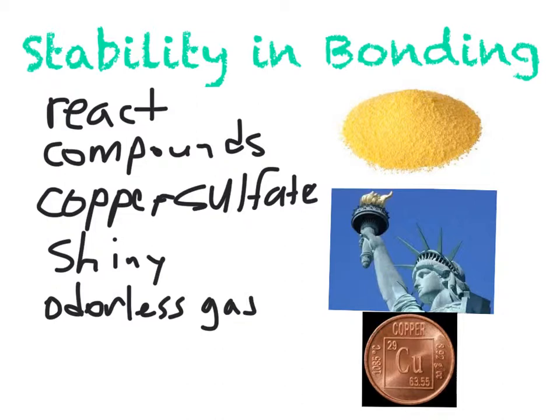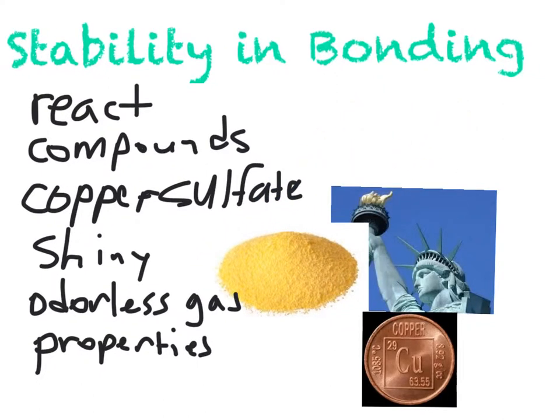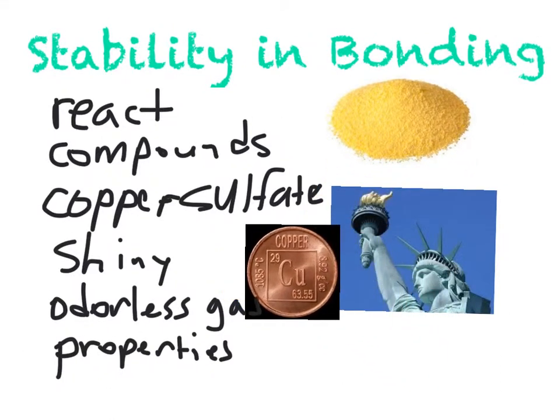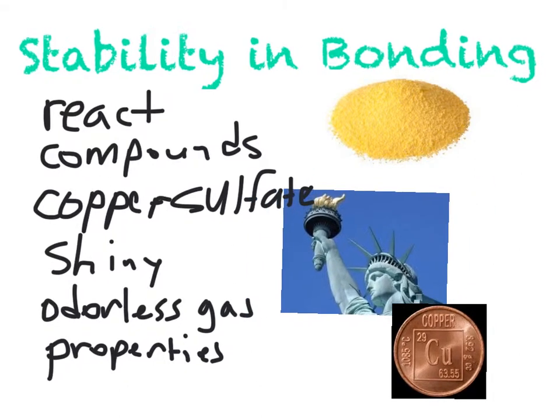It has its own unique properties. And over here on the right we can see this is sulfur, so you can see what that looks like. It's just yellow. This is copper, and it's a penny. And this is copper sulfate, the Statue of Liberty here.